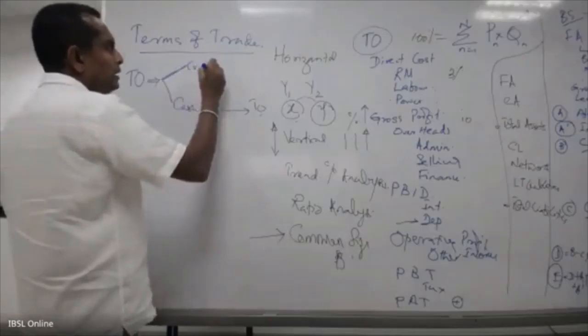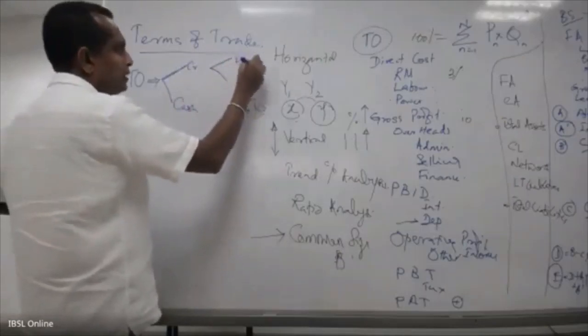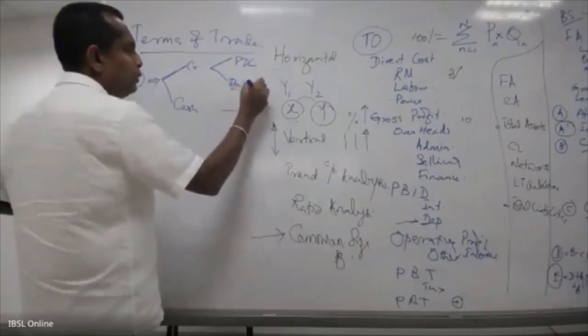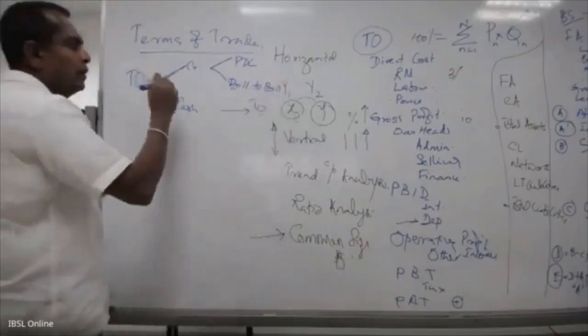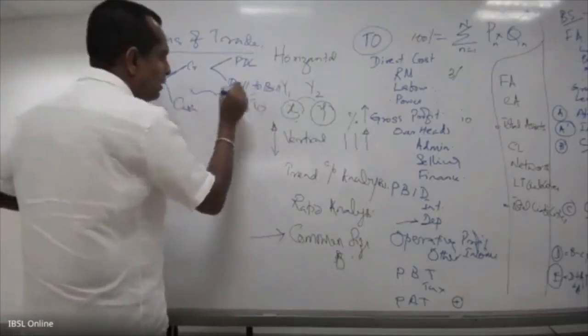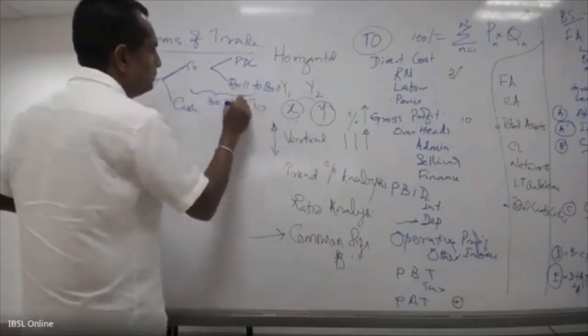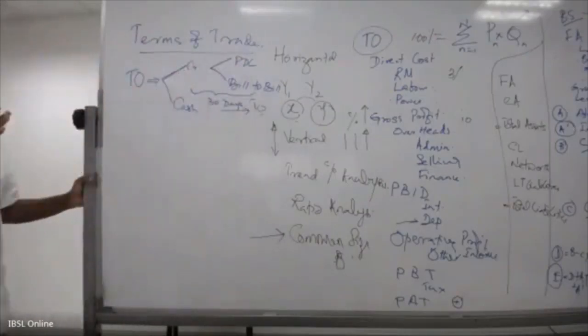On credit, you sell on post-dated checks, you sell bill to bill. On top, on credit, you give a period of 30 days or whatever. So this part is called terms of trade.